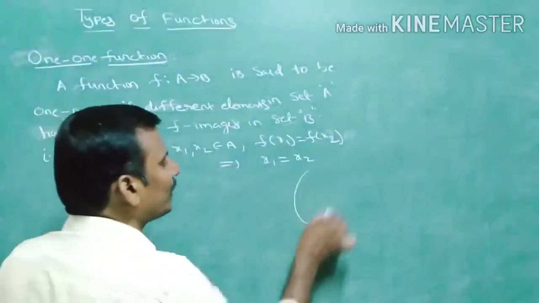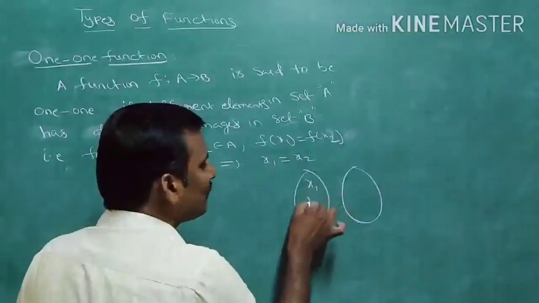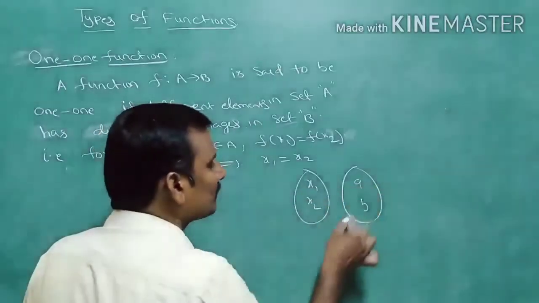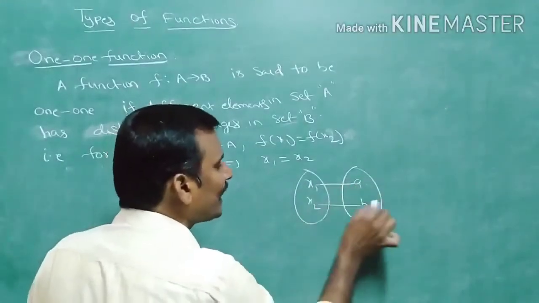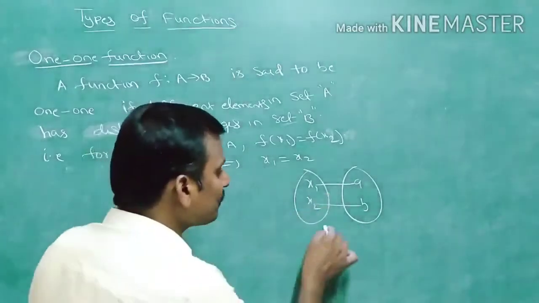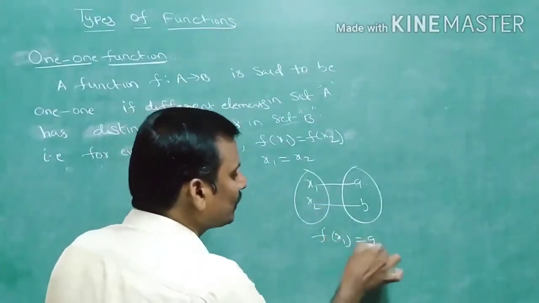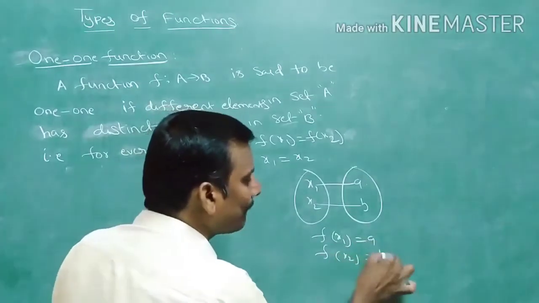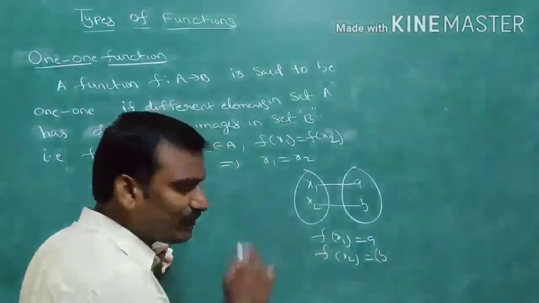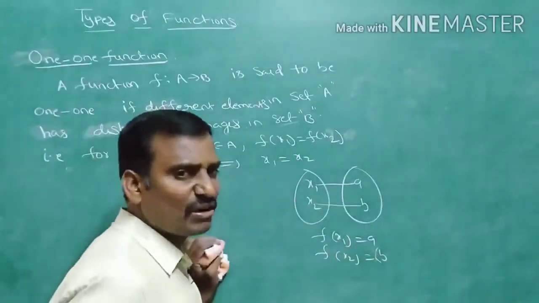Suppose you take x1 and x2 with images f of x1 equal to a and f of x2 equal to b. Are these two equal or not? a is not equal to b.